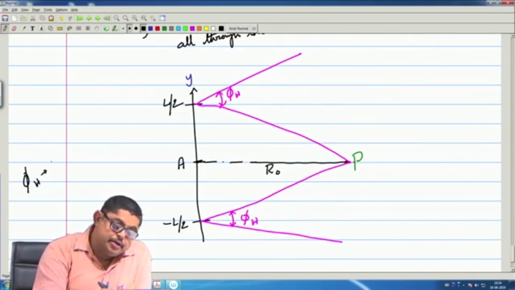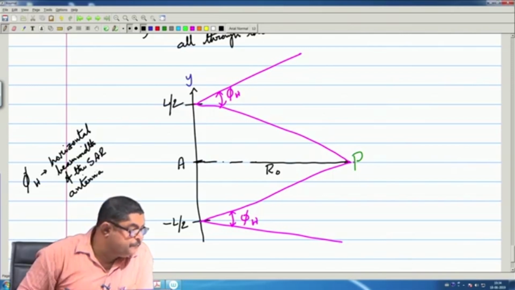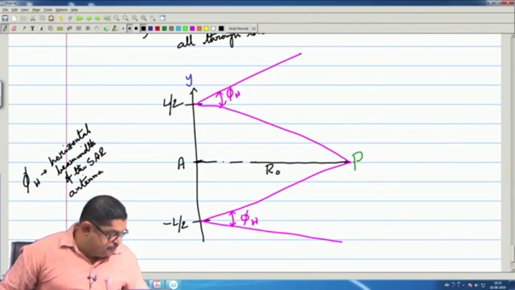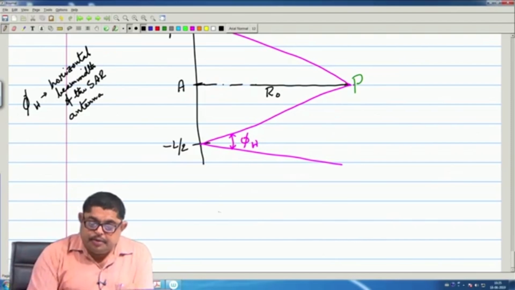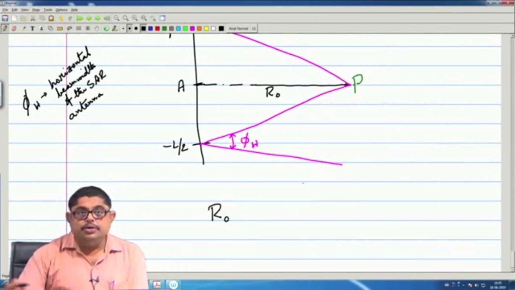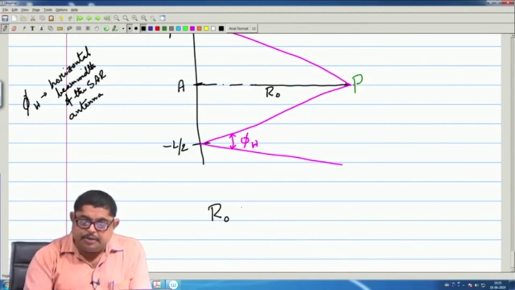This is the horizontal beam width of the SAR antenna. Here I will have to make one realistic assumption that R naught, which is the range, you see these are all aircraft based system or satellite based system.